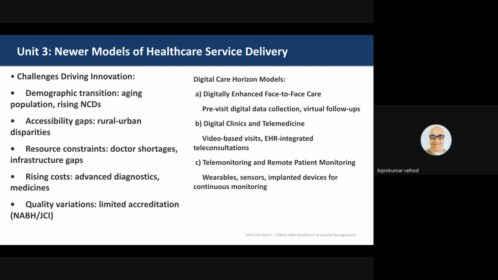So this is the new healthcare service model already in use in Japan, Norway and Denmark.